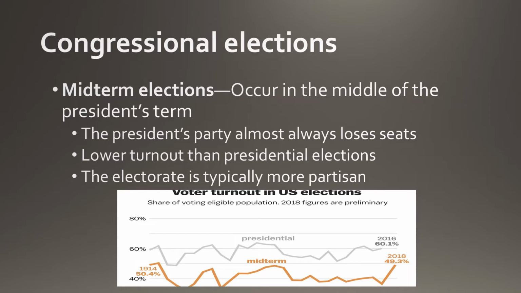But again, the typical trend is that voter turnout is lower in midterms than in presidential elections, and as a result of that, the electorate, meaning the people who vote, is typically more partisan. So the people who do show up and vote are usually people who are strongly Democratic or strongly Republican. So we end up with more ideological congressmen quite often.